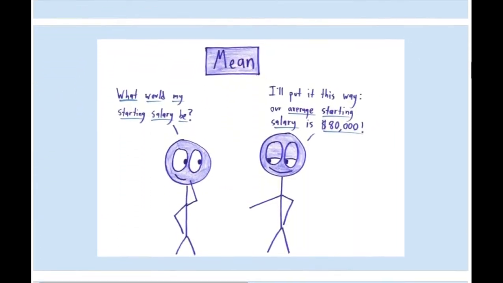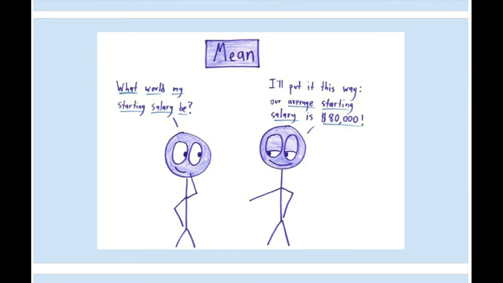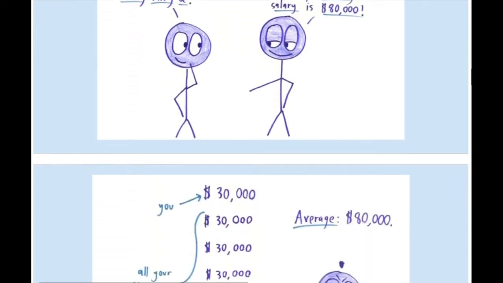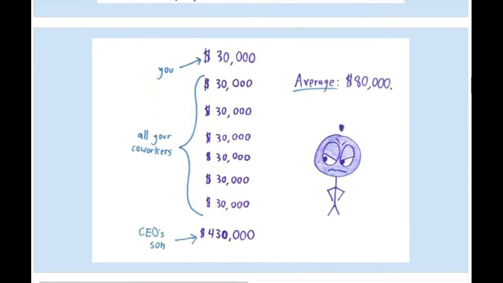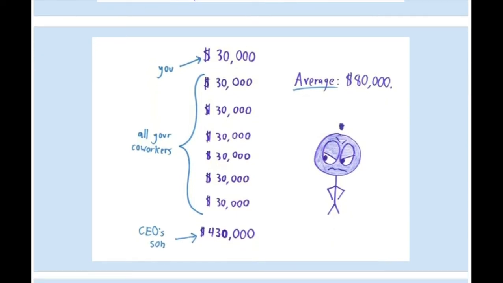So the mean can be misconstrued a little bit. If we look at this comic here, what would my starting salary be? I'll put it this way. Our average starting salary is $80,000. Doesn't sound too bad. $80,000 for a starting salary is pretty good. However, if we look at the actual data set, we can see that it is heavily skewed by one individual who's making $430,000 while everyone else is making $30,000 as a starting salary.